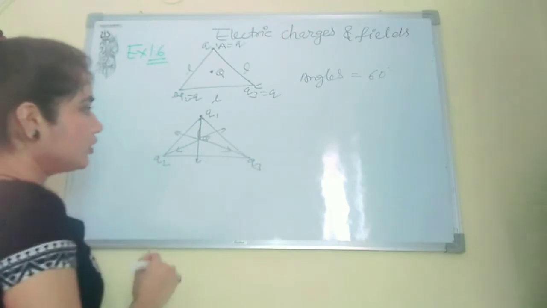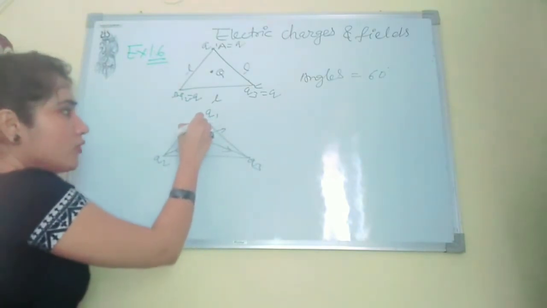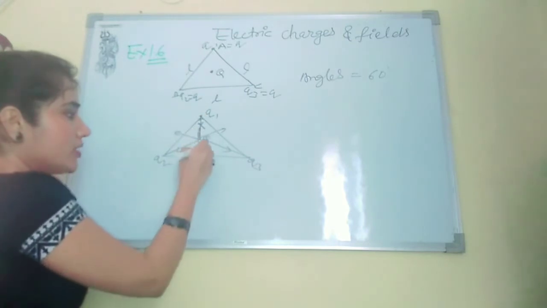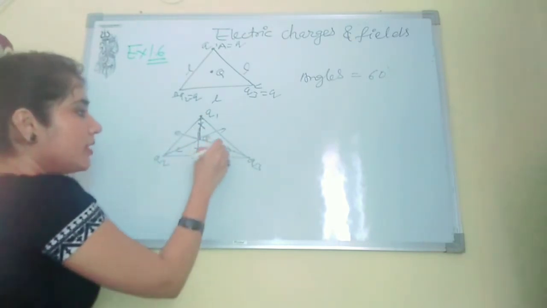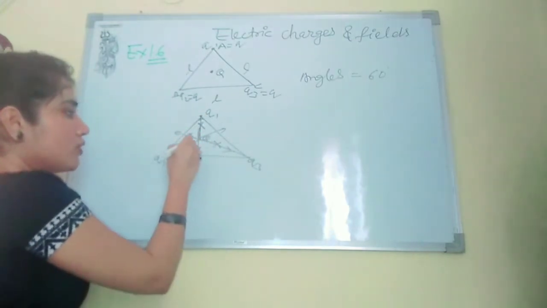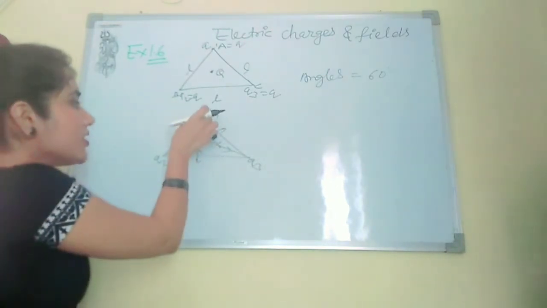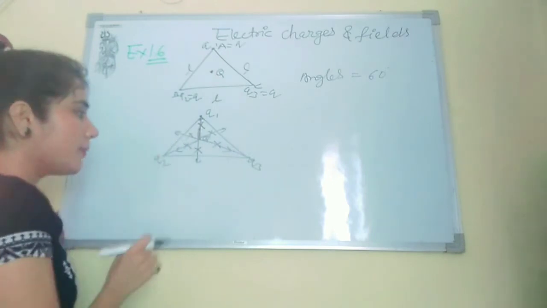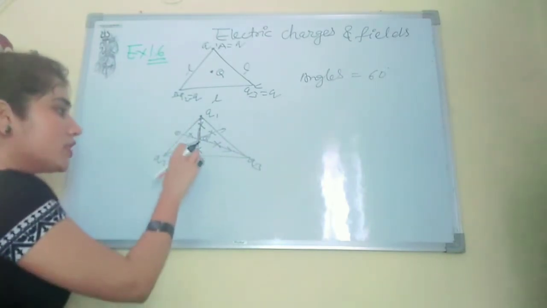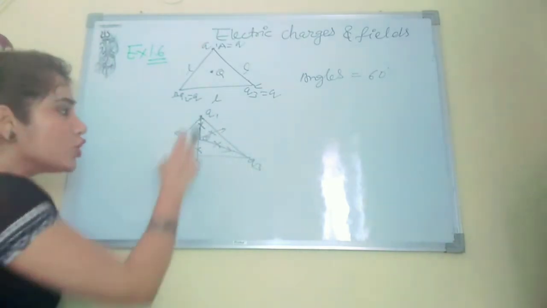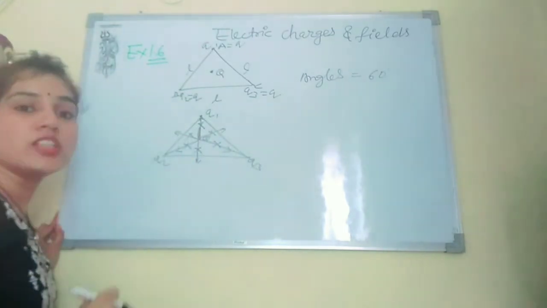This force will cancel out this force because the magnitude is the same. This is the resultant of these two forces, and this is the resultant of these two forces.